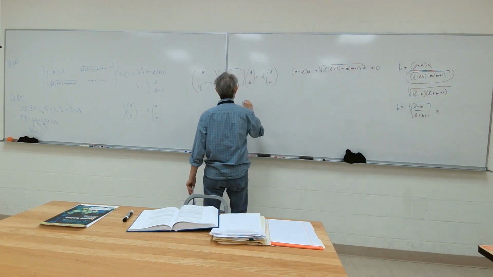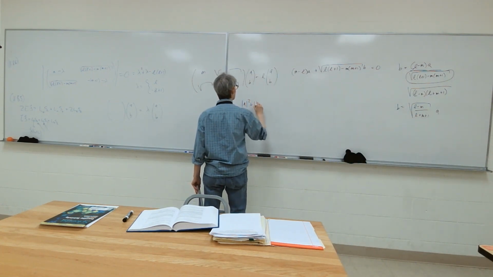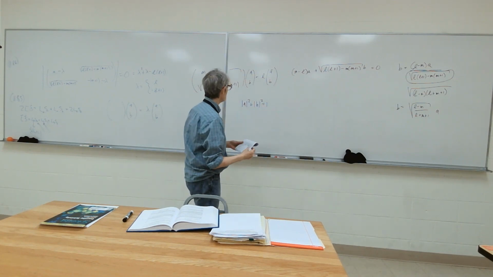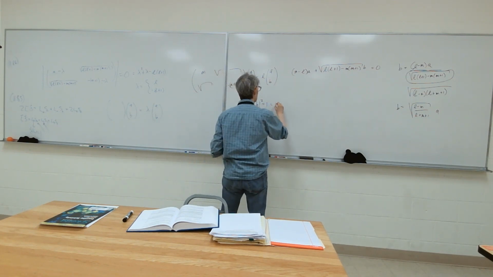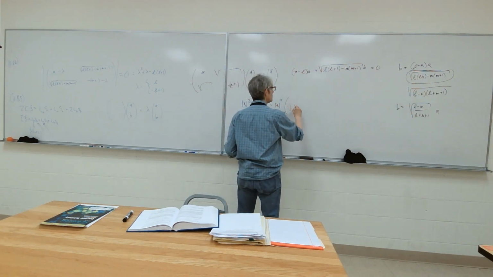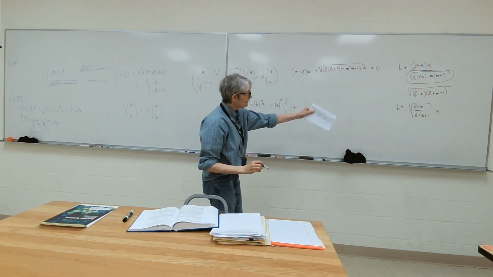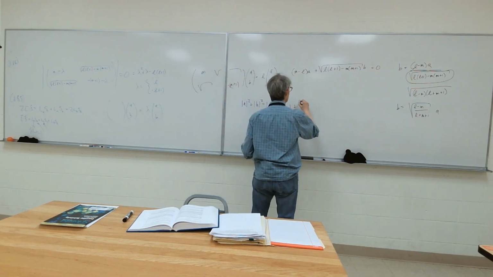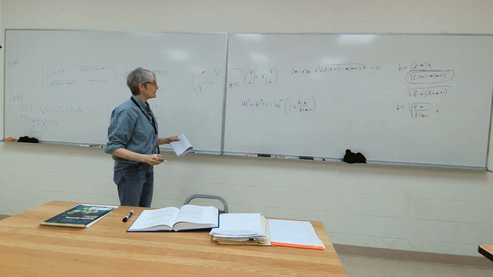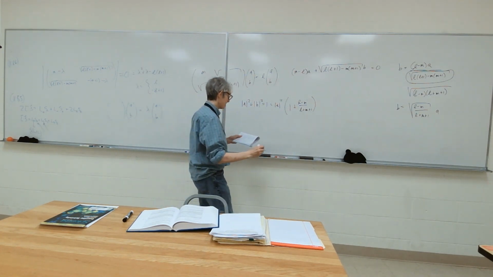So I know that the absolute magnitude of A squared plus the absolute magnitude of B squared has to equal 1. Since I know B in terms of A, that's just the absolute magnitude of A squared times 1 plus the square of that, which gets rid of the radical, which is L minus M over L plus M plus 1. And that has to equal 1.